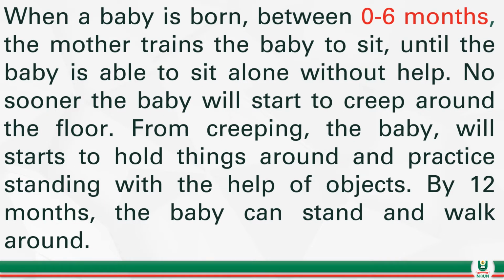When a baby is born, between 0 and 6 months, the mother trains the child to sit, and gradually, with the assistance of an adult or a seat mechanism, the child begins to sit alone without any help.